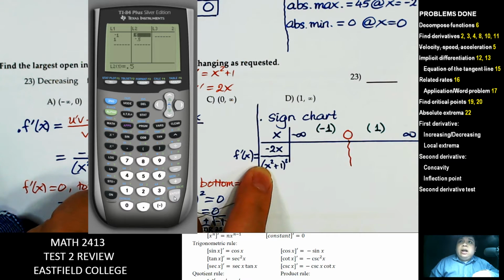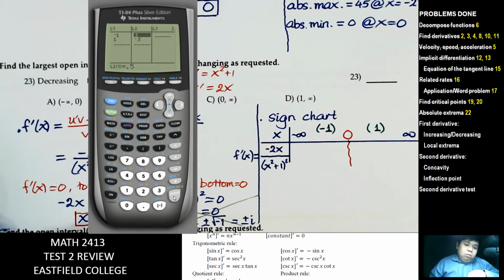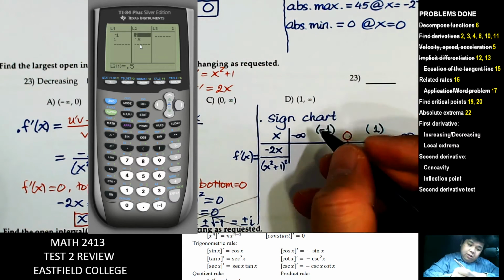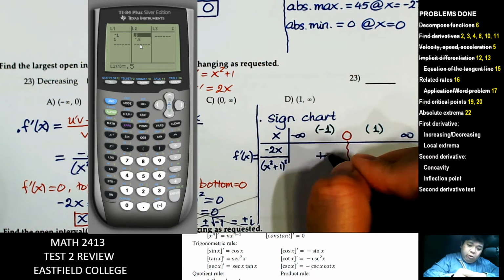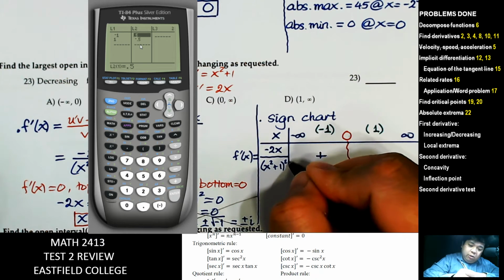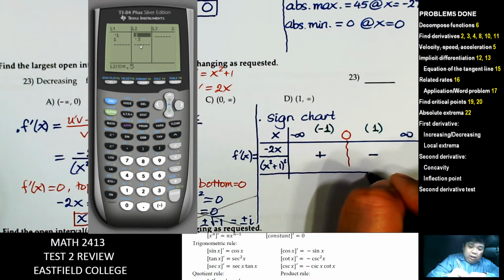Right? And we have positive and negative: positive for negative 1 and negative for 1.